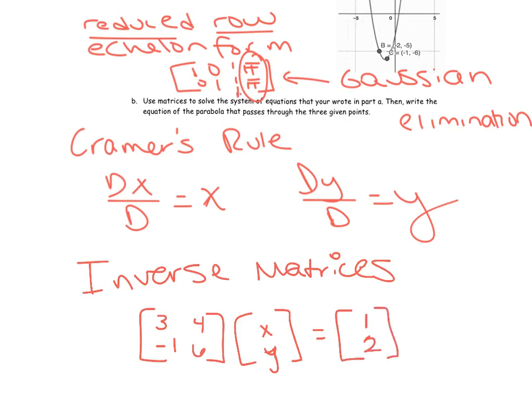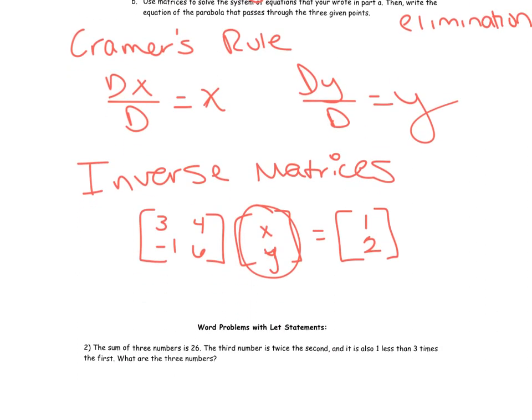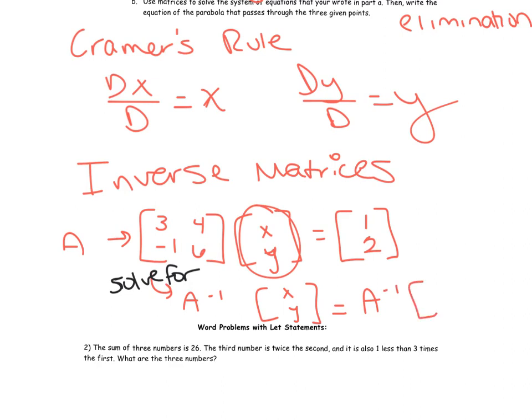All right, so the way that we solved for x and y was we solved for the inverse matrix. So we ended up turning this into our inverse matrix. So if this was A, we found A inverse, and xy would have been equal to A inverse times the constant matrix, and we would have eventually found what x and y were.